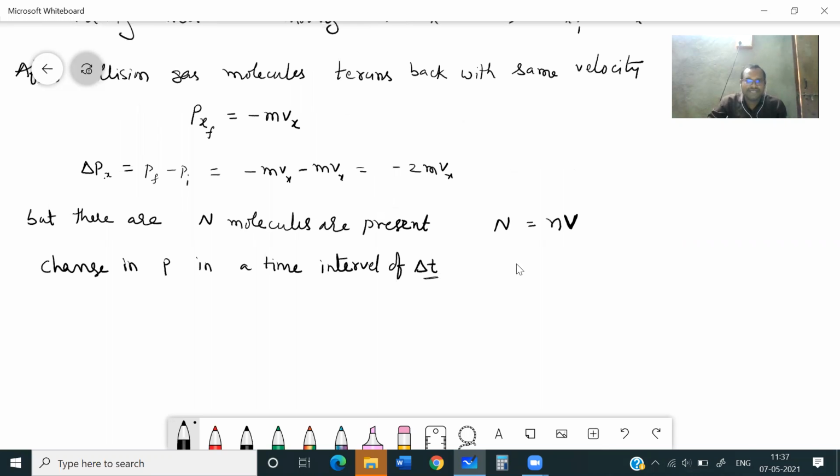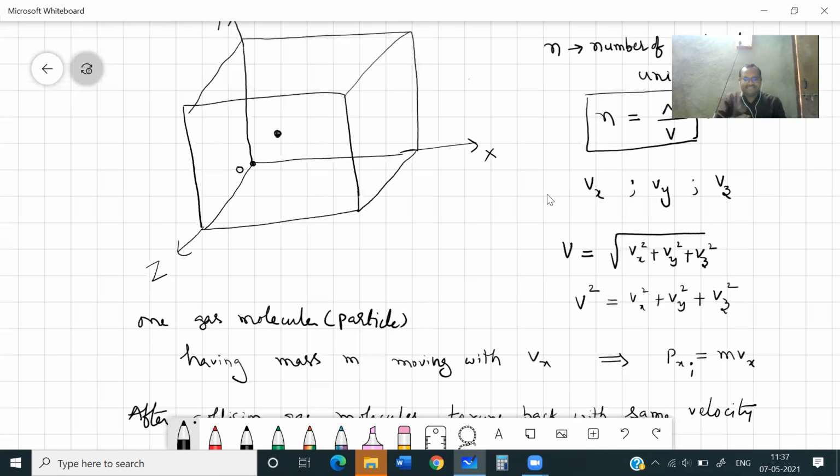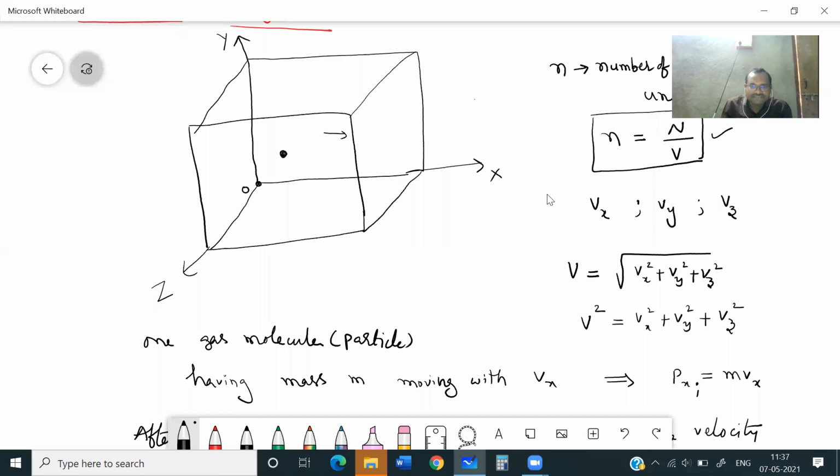Come back to this diagram. Yes, in this diagram, see the gas molecules are colliding with this area. Correct? Yes. So imagine this area of cross section is capital A.